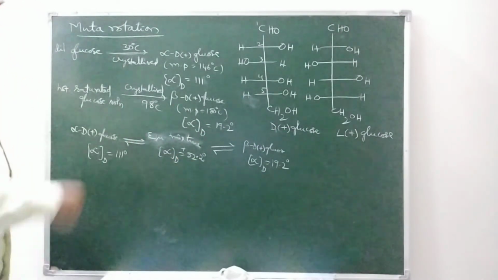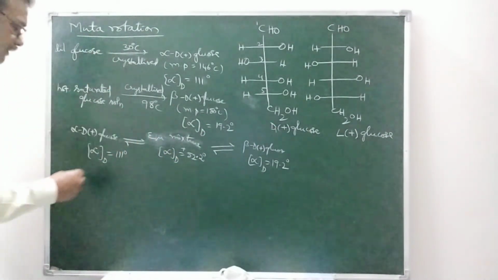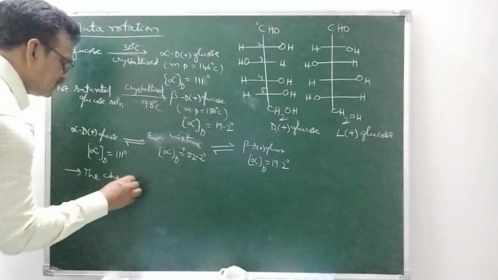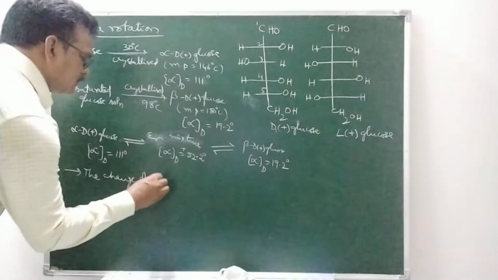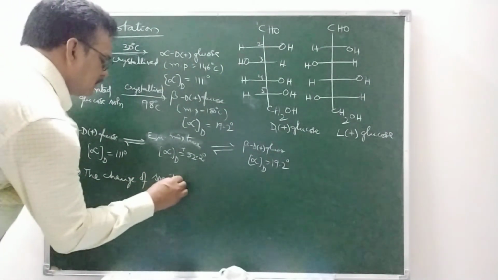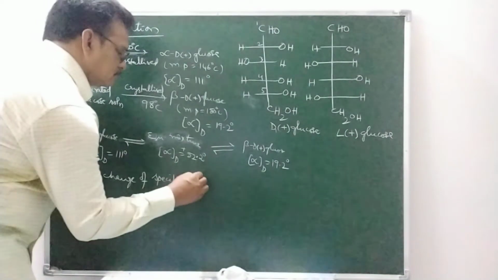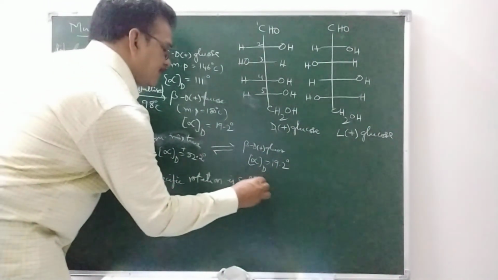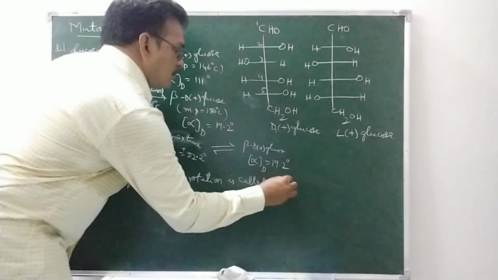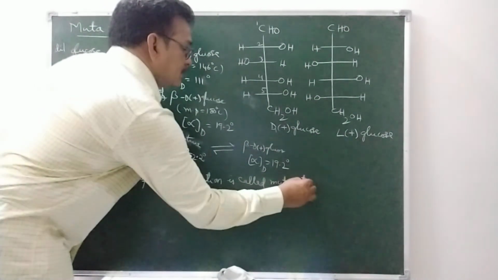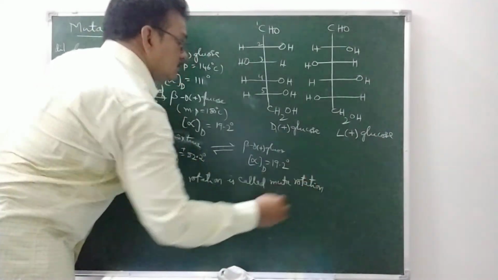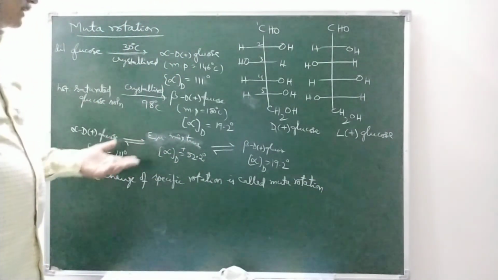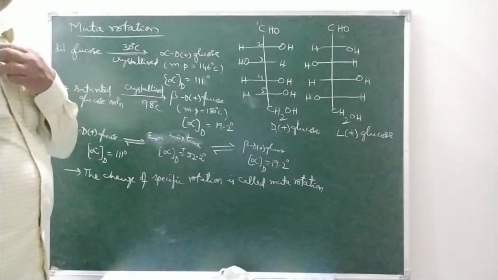This change of specific rotation is called mutarotation. So, if a substance changes its specific rotation in water, it is called mutarotation.